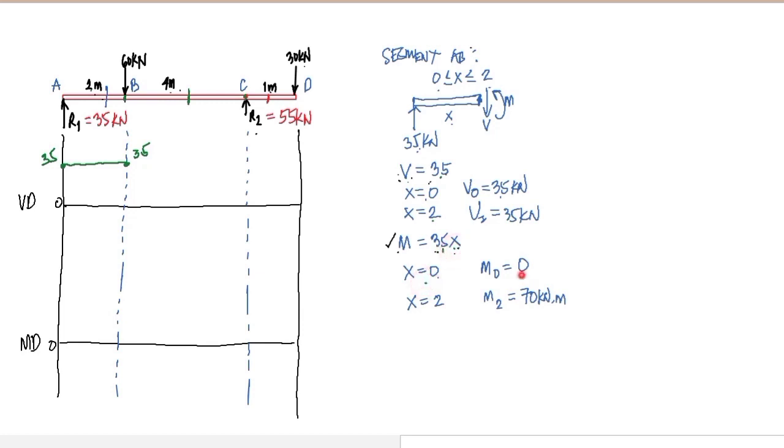So at x is equal to 0, the moment is equal to 0. So we have 0 here. And at x is equal to 2, the moment is equal to 70. So we have here 70 kilonewton meter. This is equation of a line. So i-connect natin itong point na to and that point by a line.